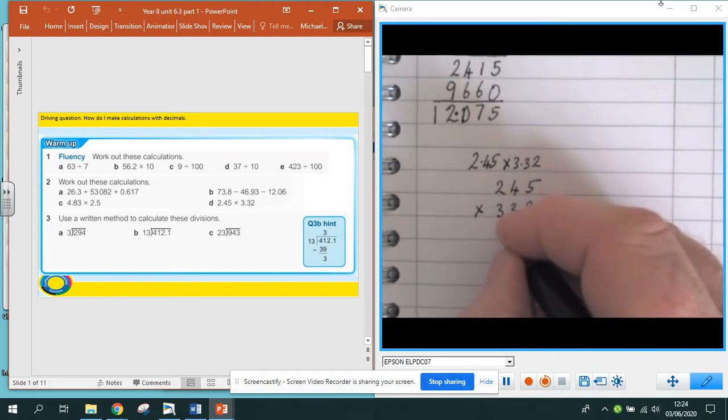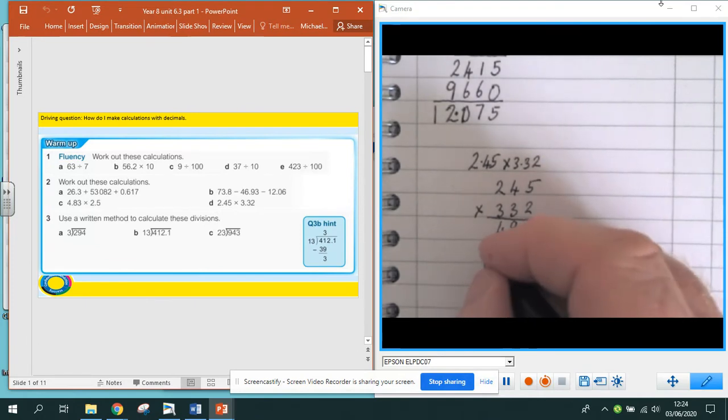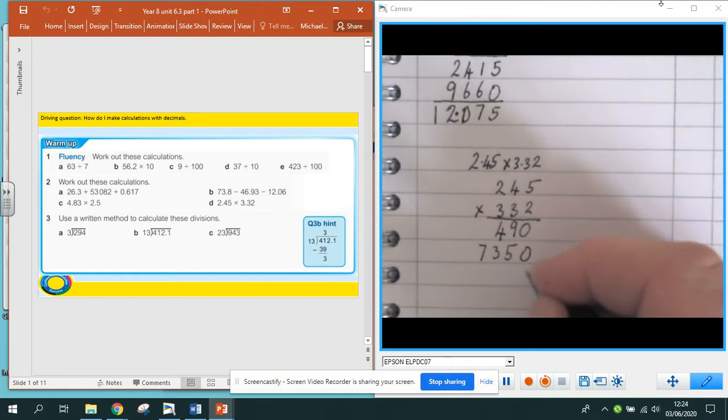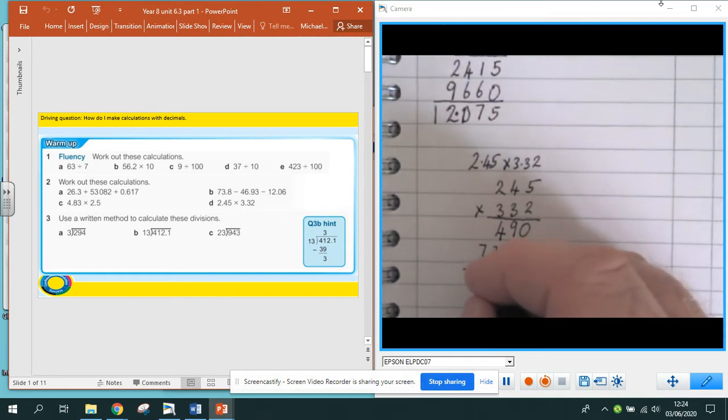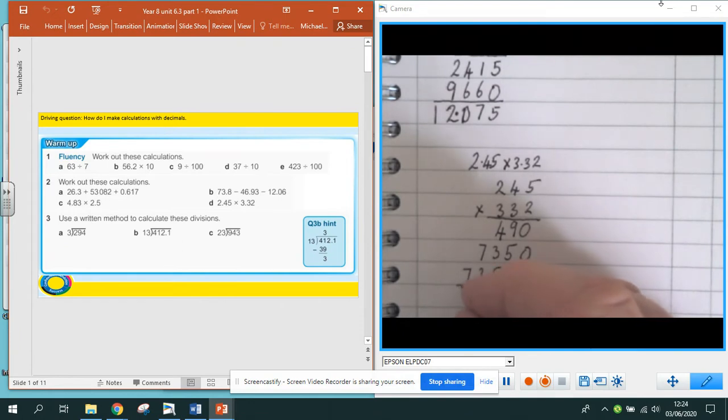2 times 245 is 490. 30 times 245 is 7,350, and then 300 times 245 is 73,500.